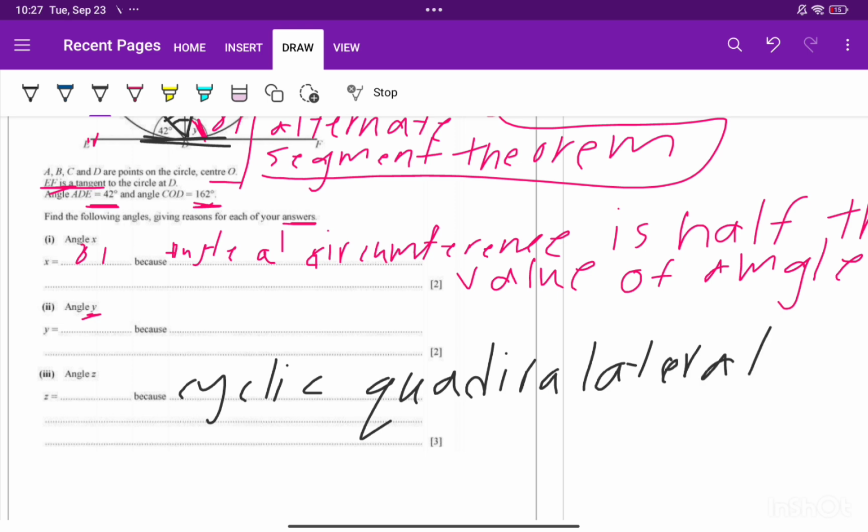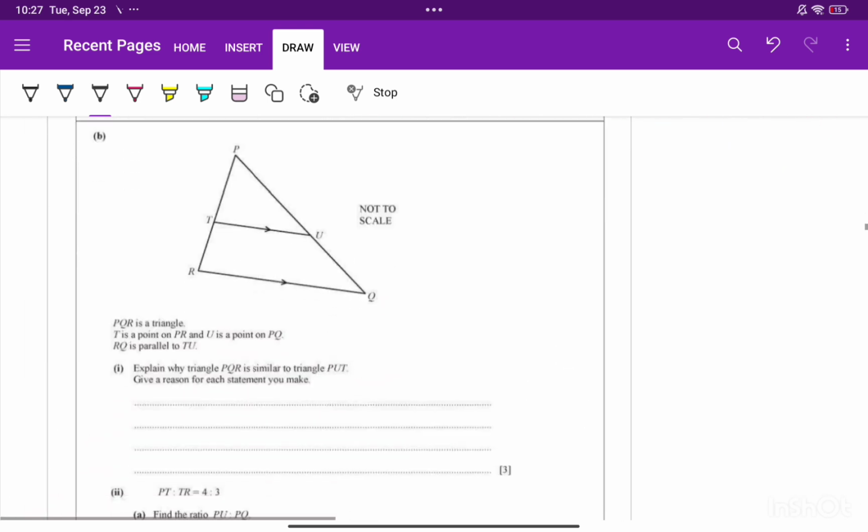Okay, let's move to part B. PQR is a triangle. T is a point on PR. U is a point on PQ, and RQ is parallel to TU. Explain why triangle PQR is similar to triangle PUT, and give a reason for each statement you make.